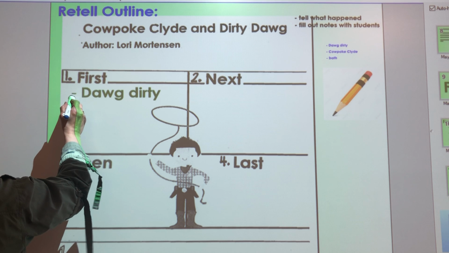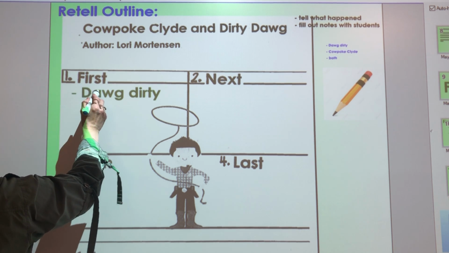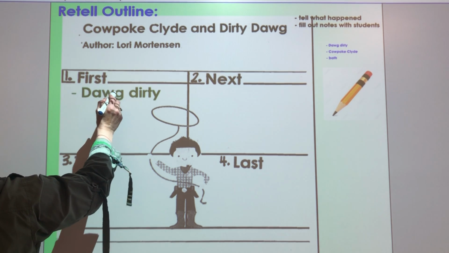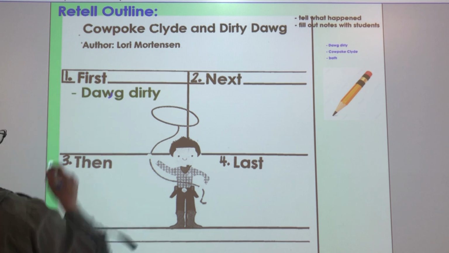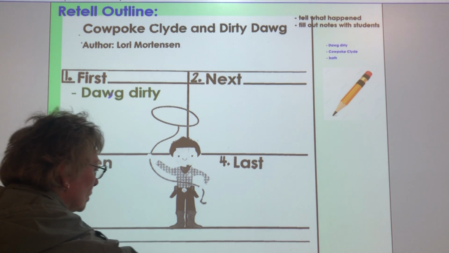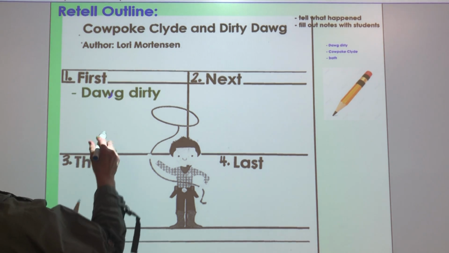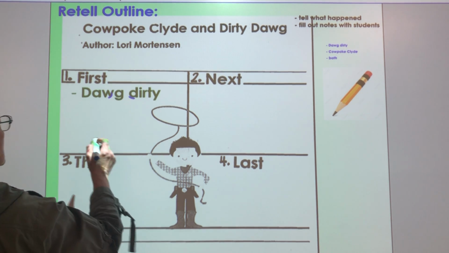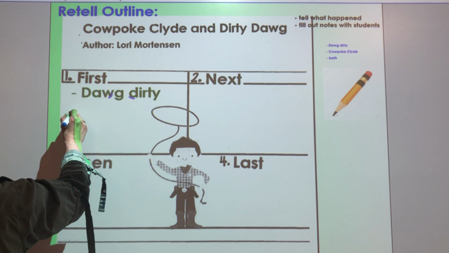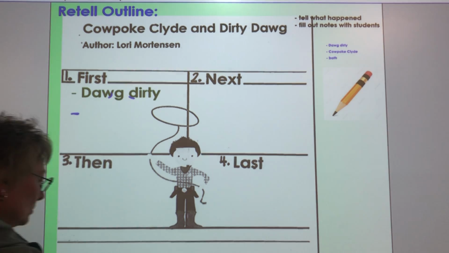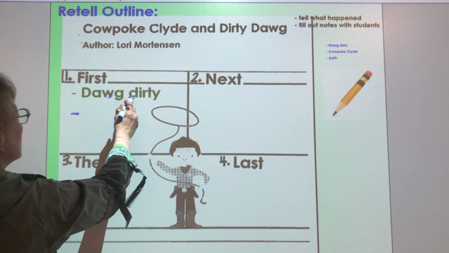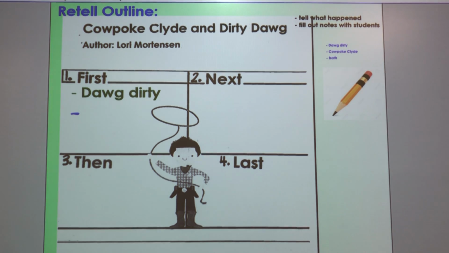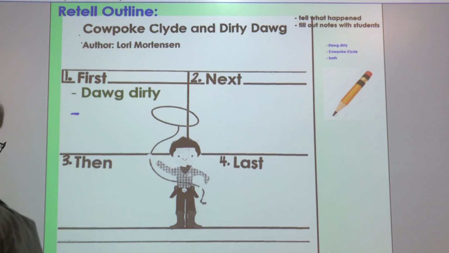Put a tick, capital D, A, W, G. Make sure that your G comes down into the dirt. Space, dirty. D-I-R-T-Y. I'm going to use blue. It's easier for you people to see. And the next thing we need to write is Cowpoke Clyde. Cowpoke is a name.